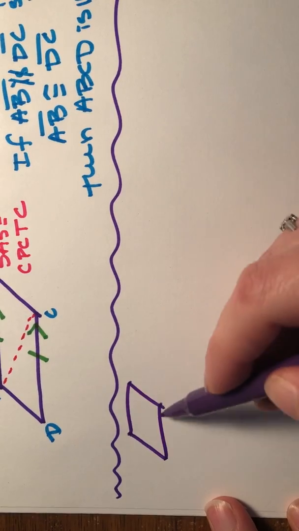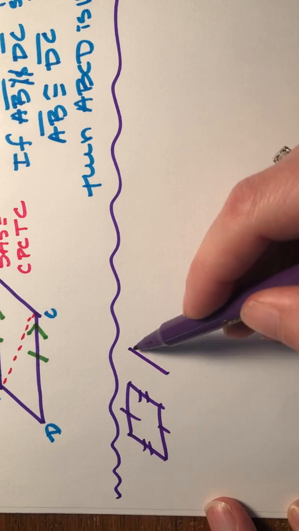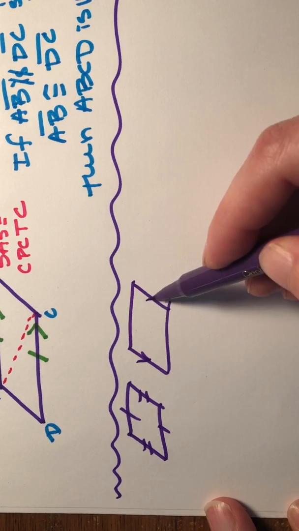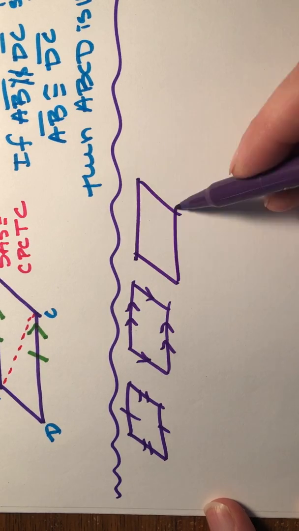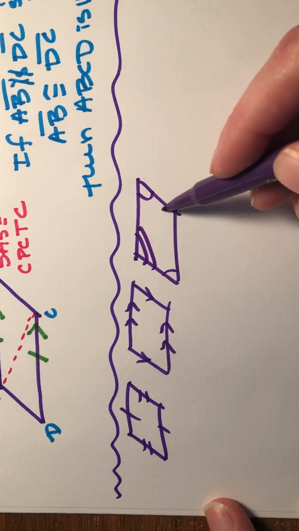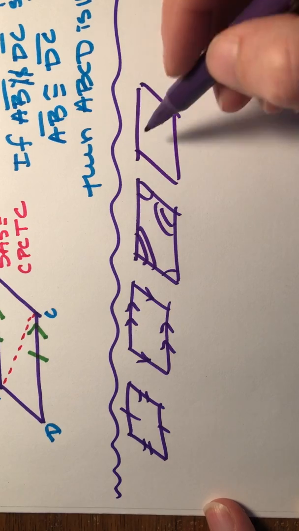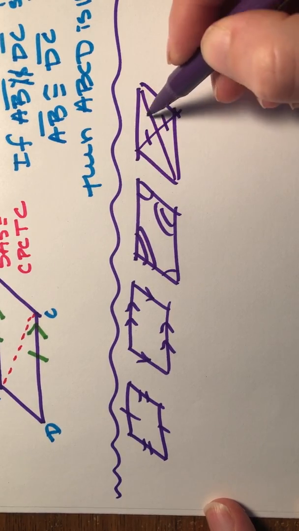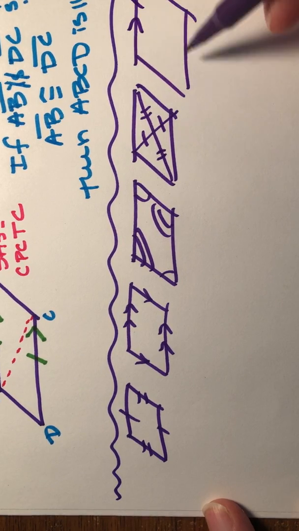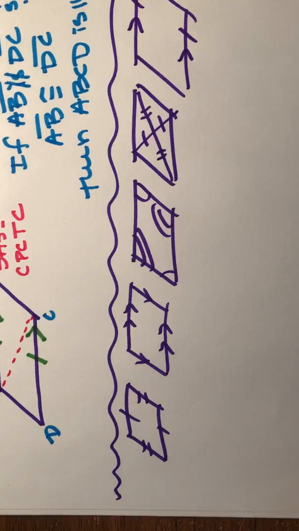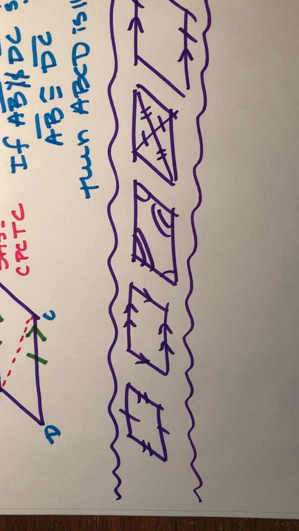So we know that if we can show that opposite sides are congruent, or opposite sides are parallel, both pairs, or that opposite angles are congruent, or that the diagonals bisect each other, or finally, if we can show that one pair of sides is both congruent and parallel, we can prove that it's a parallelogram.